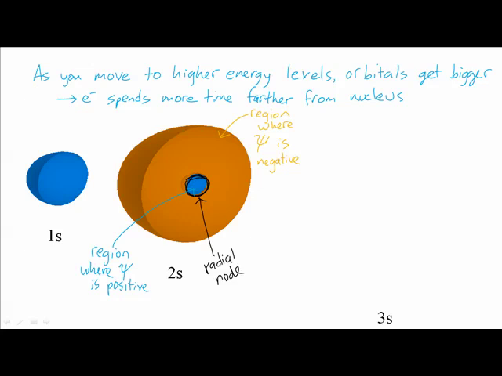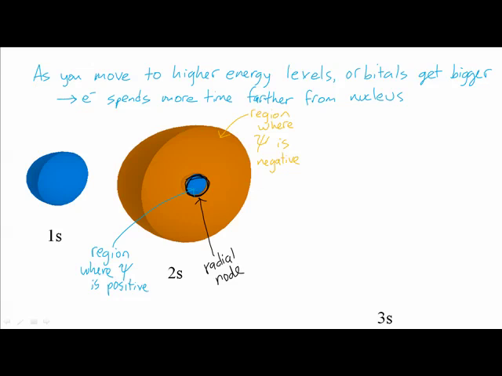In terms of the electron probability, that doesn't matter. Why doesn't positive versus negative matter in terms of the probability of finding the electron? Because you square it. So if you square -4 or you square 4, it's still the same number. So that doesn't affect the actual location of the electron.